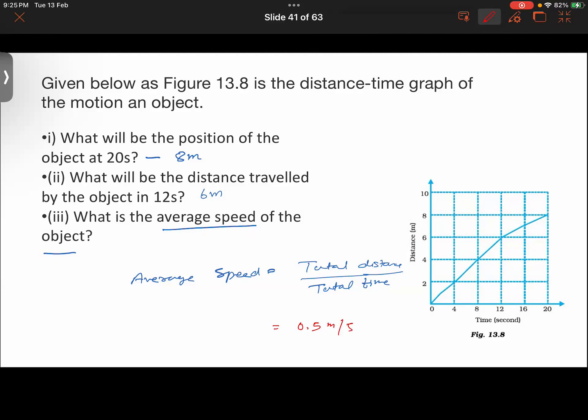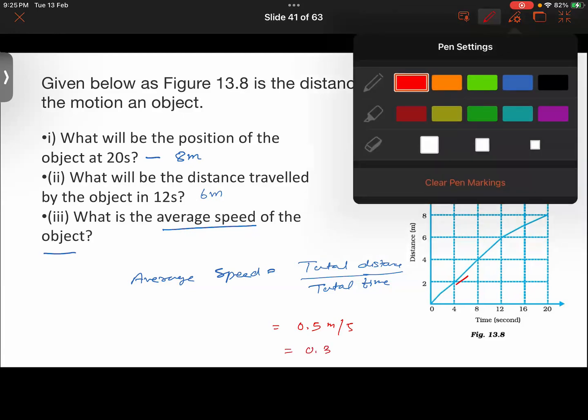Okay, let's see what Chakrika is getting. But I got 0.3 meter per second. 0.3 meter per second. The second answer is actually correct here.